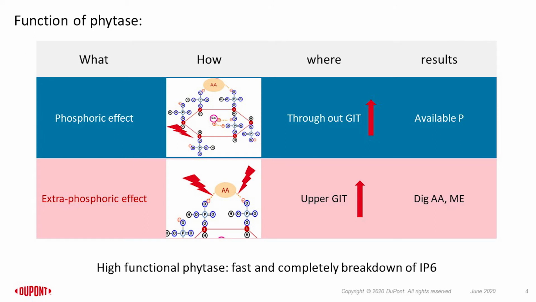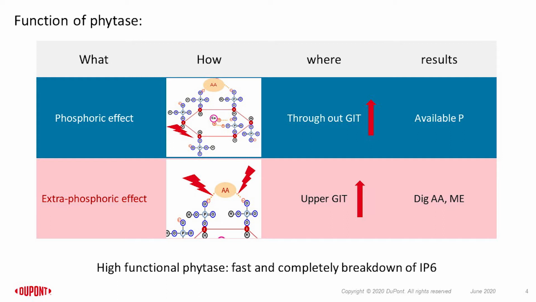Phytase has two functions. One is the phosphoric effect. It can break down phosphate groups from inositol and increase the availability of phosphorus. This can take place throughout the GIT. The second function is the extra-phosphoric effect.